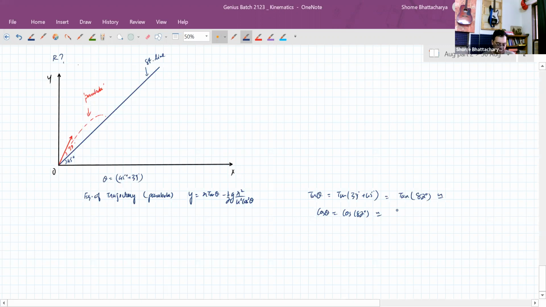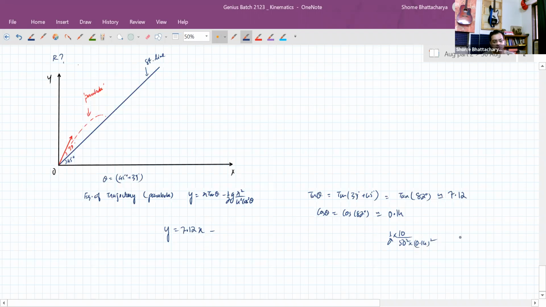Tan of 82 degrees will be about 7.12, and similarly cos of 82 degrees is a small value, 0.14. So this will become y is equal to 7.12 x minus half g x square upon u square into cos square theta.